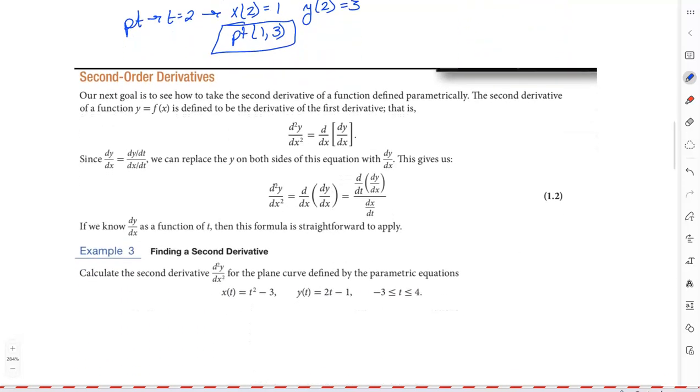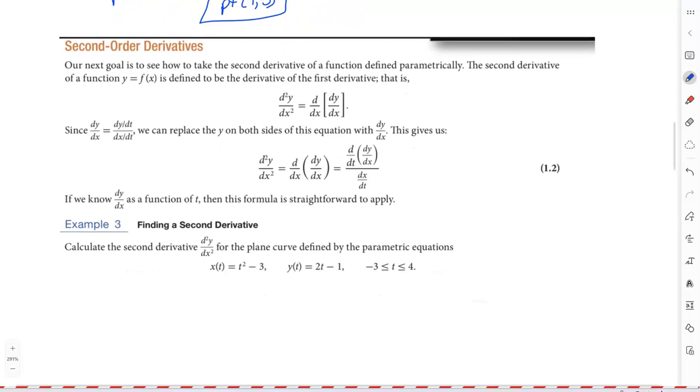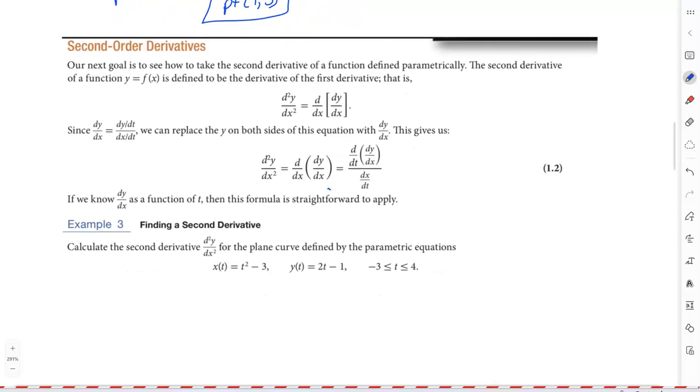So now let's talk about second order derivatives. How do we take a second derivative of something that's written parametrically? Well, we know the second derivative is the derivative of the first derivative, so let's apply that idea. So if I take d over dx of dy over dx, I'm going to do some fancy math off to the side.